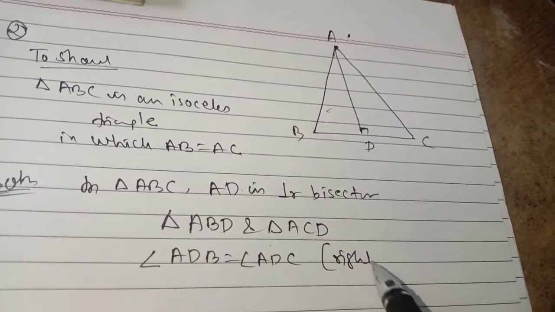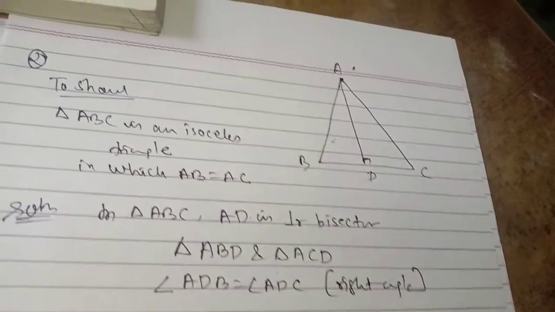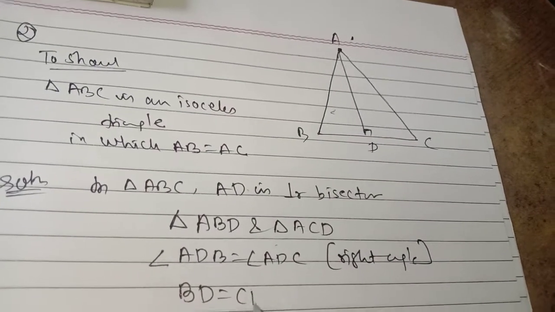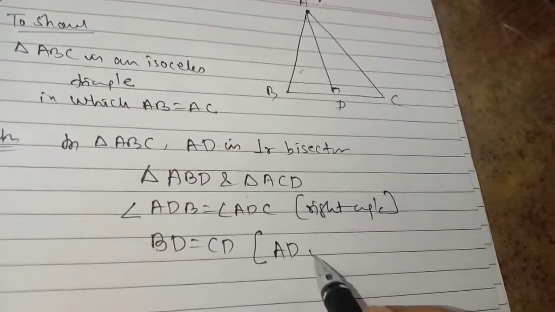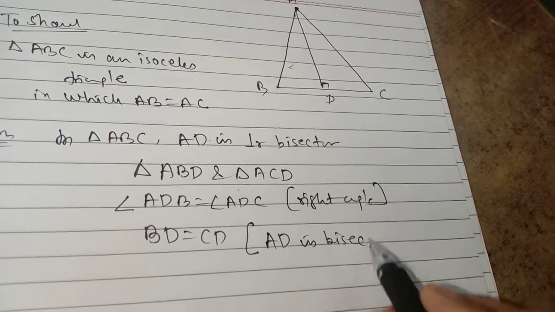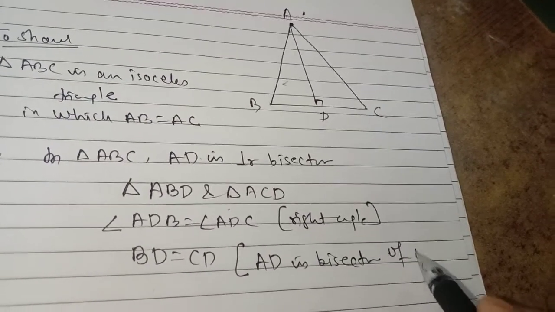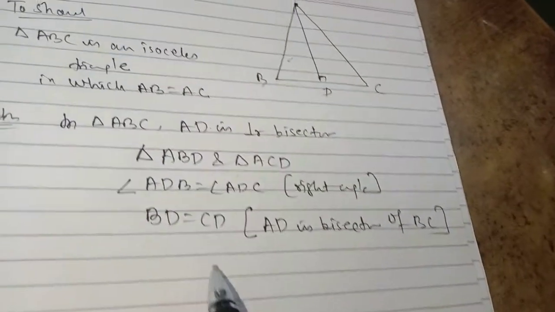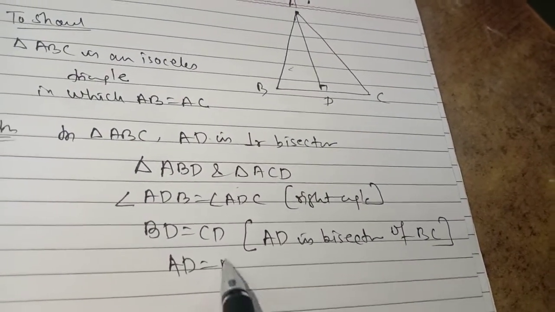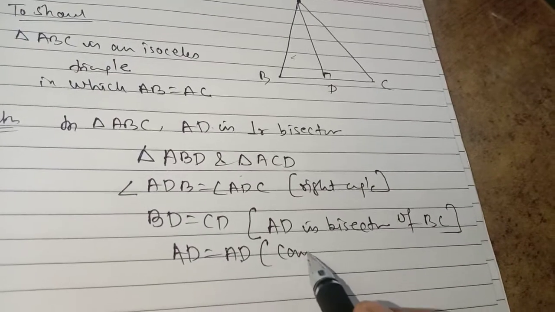Simply it is a right angle. So BD is equal to CD. Why? AD is the bisector of what? BC. And AD is the common side. AD is equal to AD, common side.